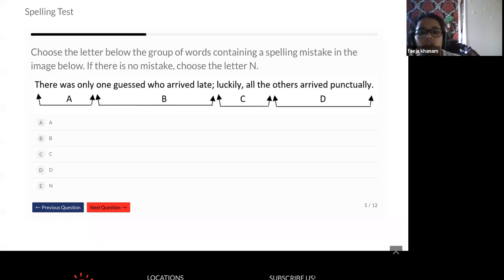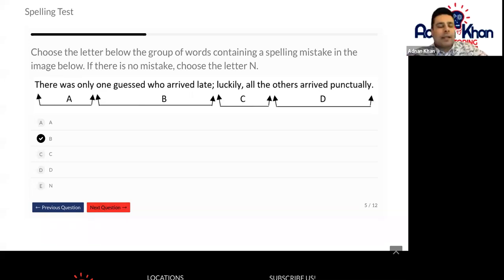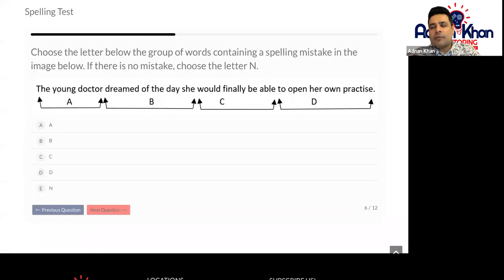Luckily, all the others arrived punctually. I think it's going to be B because guest would be spelled G-U-E-S-T. Exactly. So guest will be G-U-E-S-T, but this is like guessed in the sense that you've guessed something. So B is correct. Thank you so much, Faija.